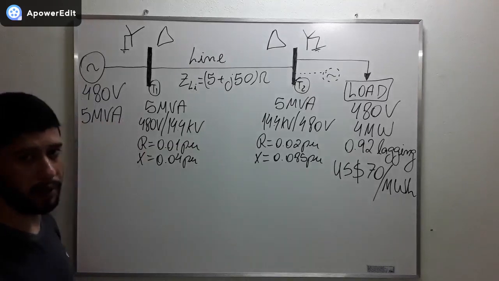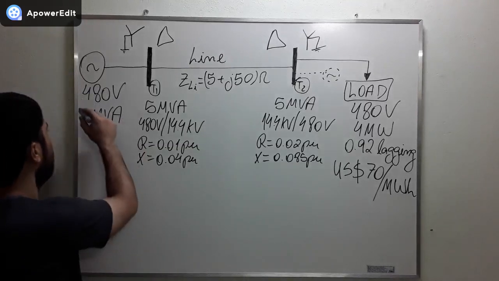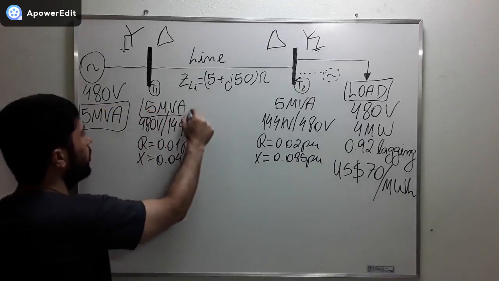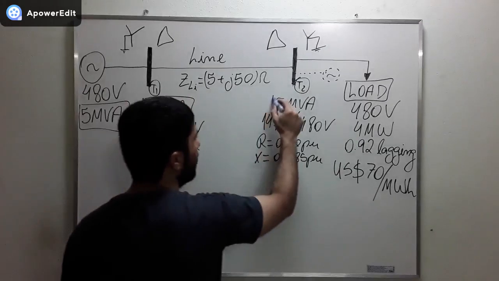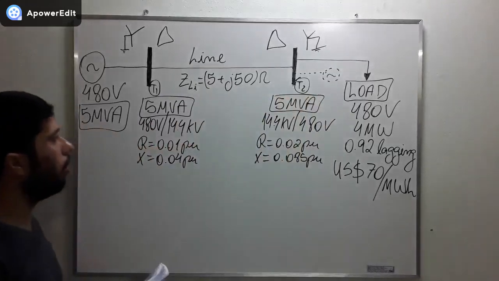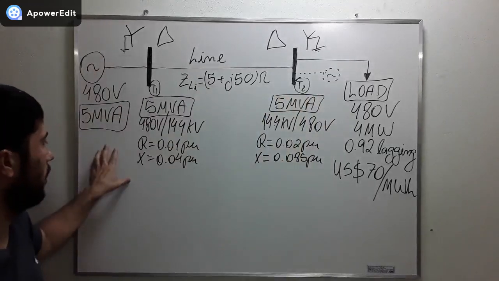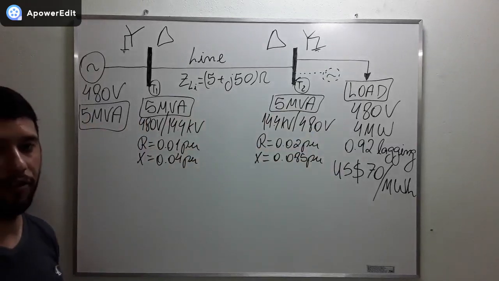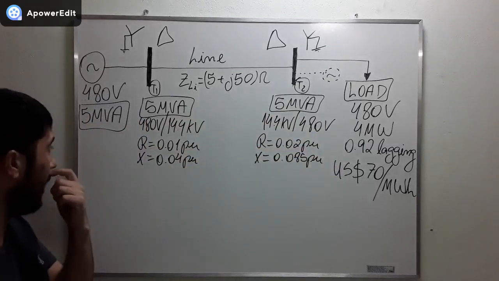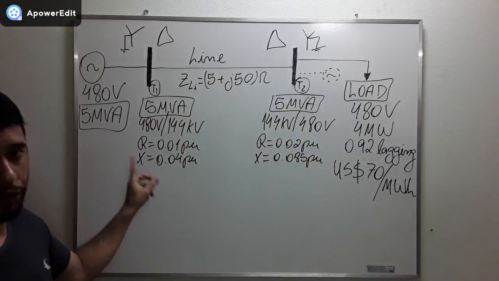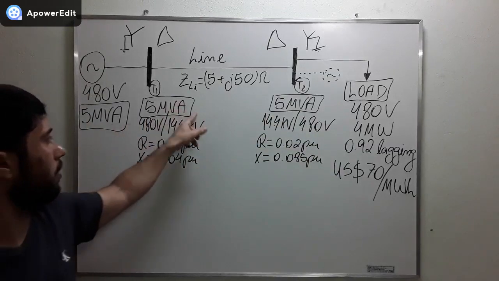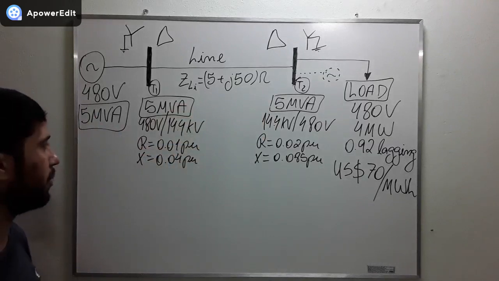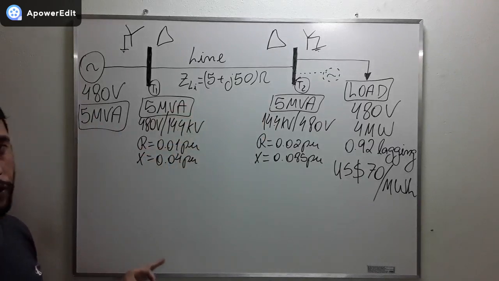Remember that the base value of 5 MVA is going to be the base value for all the regions 1, 2, and 3. However, the voltage is going to change. The power stays the same as our base value, but the voltage is going to change.